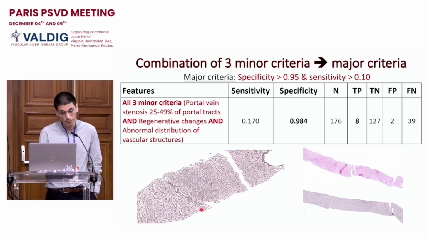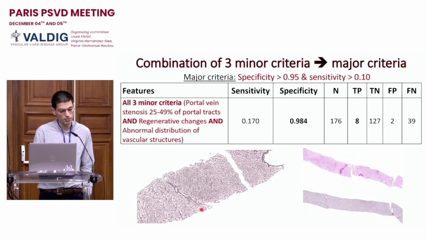But interestingly, if we use them in an AND manner, so if you have all three minor criteria, you end up with a major criterion, because the specificity rises up to 98%.